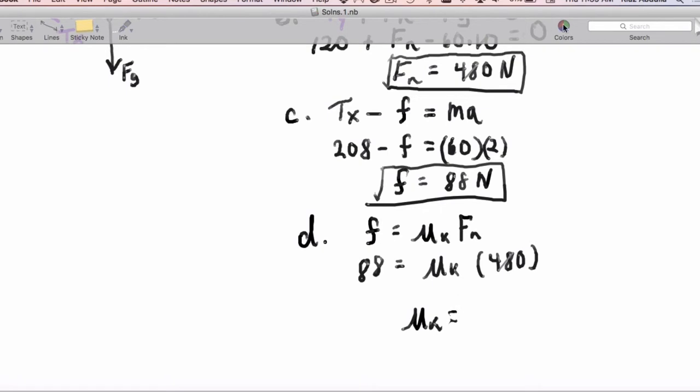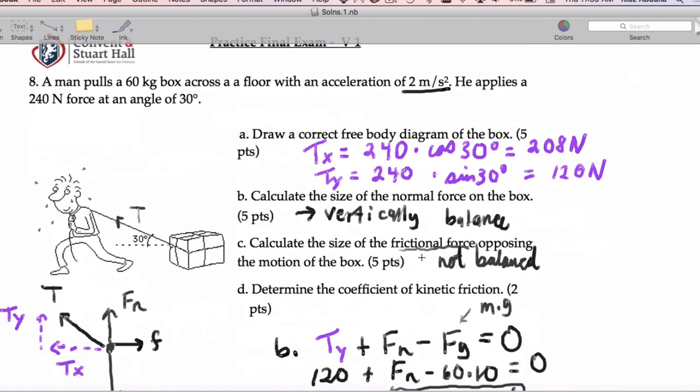So when we isolate mu k, we're going to end up getting 0.183, and there's no units on the coefficient of friction, just to be clear. So that is the third page.